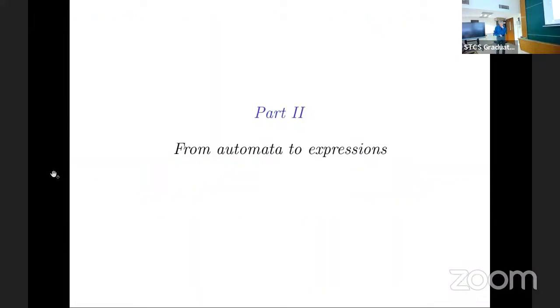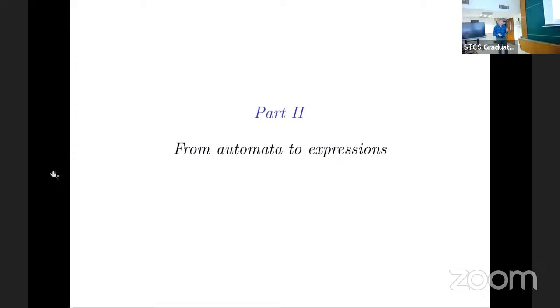Okay, now we have these two kinds of algorithm, from automata to expression and from expression to automata. Well, in fact, when you have an automaton, who would care to have the expression? You're happy when you have an automaton because you can compute, you can really do things with that.